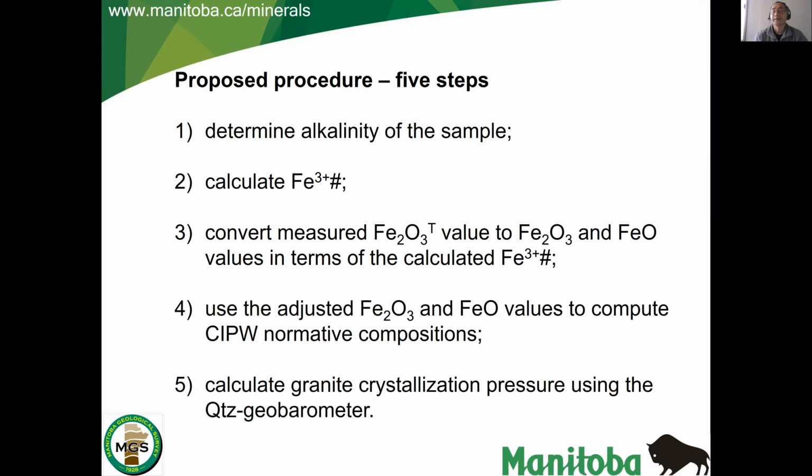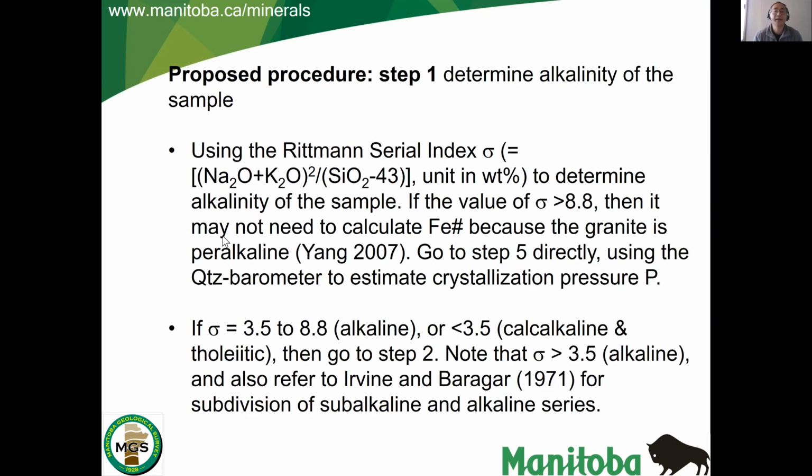And as I mentioned before, they're using the Rittmann series index sigma to determine the alkalinity of the sample. If the value is higher than 8.8, then it may not be possible to calculate the ferric iron ratio, because the granite is peralkaline. And then we can go to step 5 directly, using the barometer to estimate.